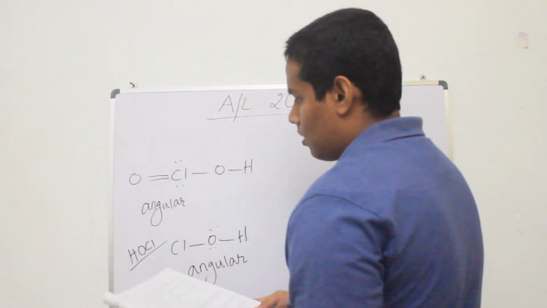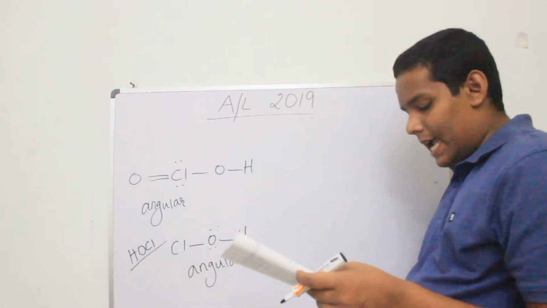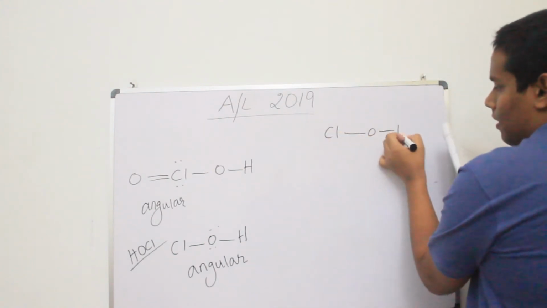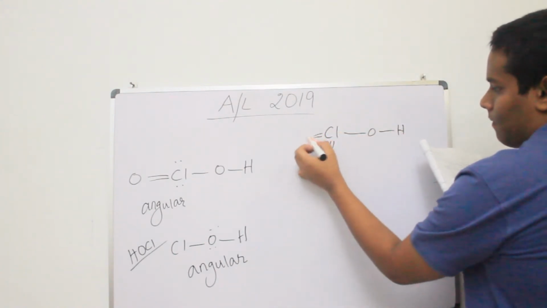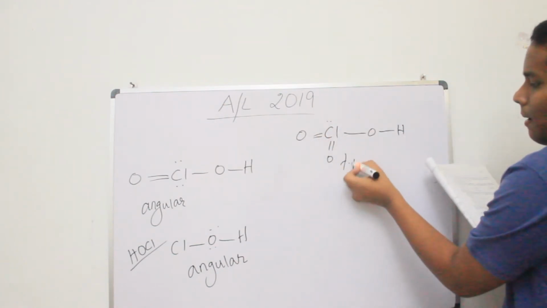HClO2. Okay, then HClO3. This one is trigonal pyramidal.